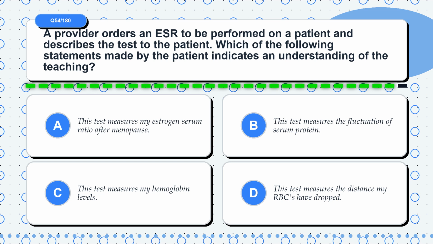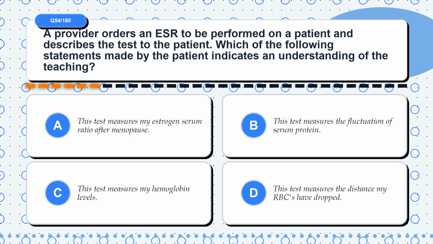Question 54. A provider orders an ESR to be performed on a patient and describes the test to the patient. Which of the following statements made by the patient indicates an understanding of the teaching? Here are the options. Option A, this test measures my estrogen serum ratio after menopause. Option B, this test measures the fluctuation of serum protein.